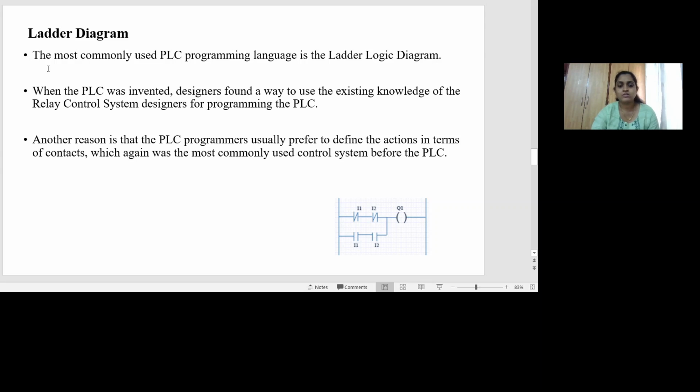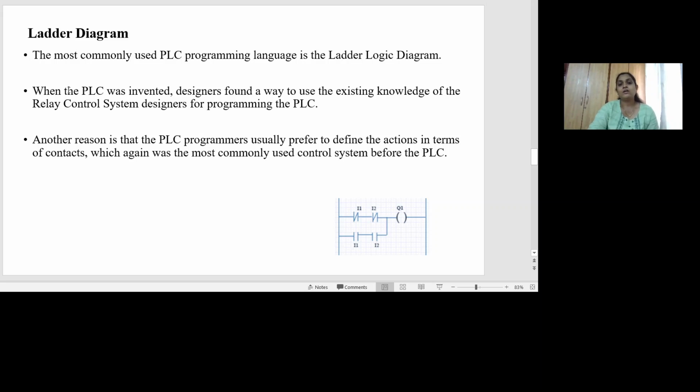And again, this is done to control the processes. So basically, this ladder diagram is derived from relay logic, and in the relay logic, we would use the switches and mechanical relays as the input and output. So by using this relay logic, we are going to control a process.